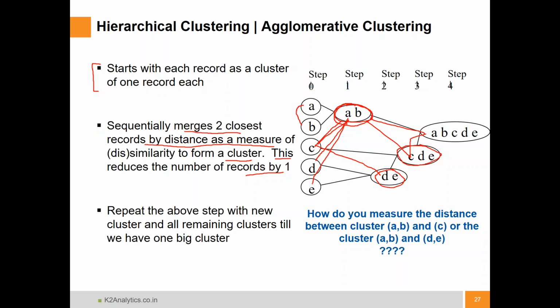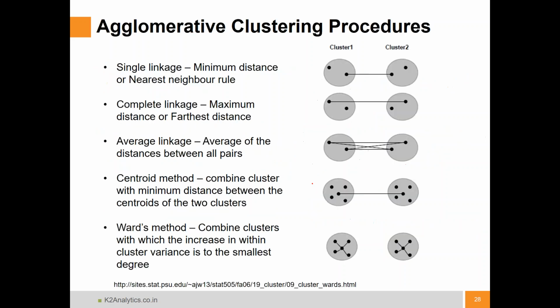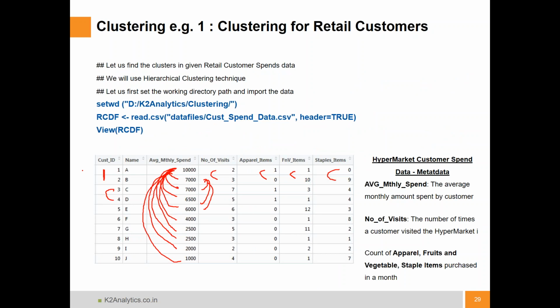So long as these are individual records, I have their attributes. But the moment C and D get combined, if I want to find the distance of this combination with B or with A, should I take this 7,000 with 10,000 or should I take 6,500 with 10,000? That's the question.